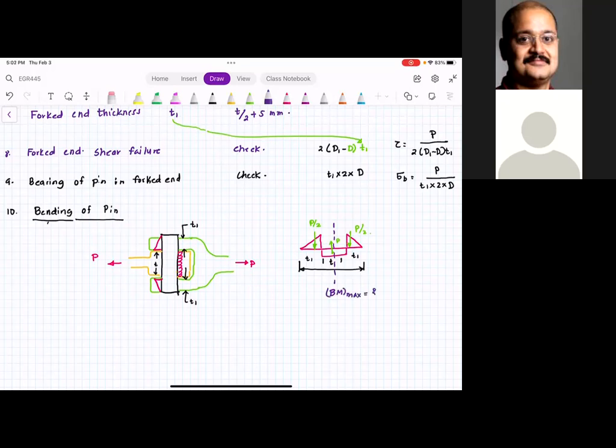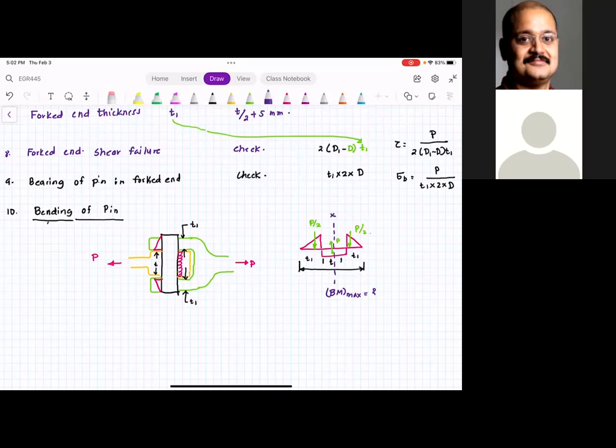One student asked me this question via email: how did you derive the bending moment equation? The way I derived it is I looked at the section at the center span.